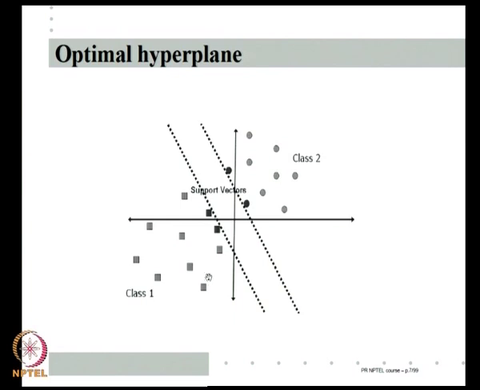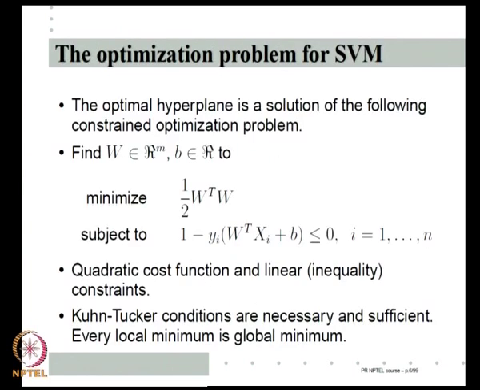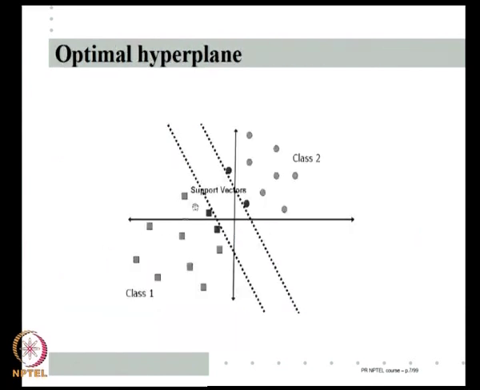Okay. Before that, I have been telling you that these constraints essentially mean that if the hyperplane is at the center, then on either side I have got these two parallel hyperplanes, and this is the margin of separation.